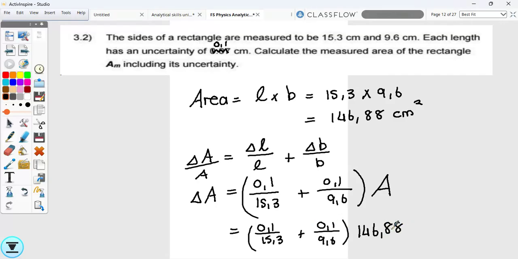And now this is going to give us the absolute uncertainty in the area. So can someone please work that out for us? I need to get my calculator out as well, but I'm sure I can trust you guys to do this correctly on your calculators. Let's get an answer.